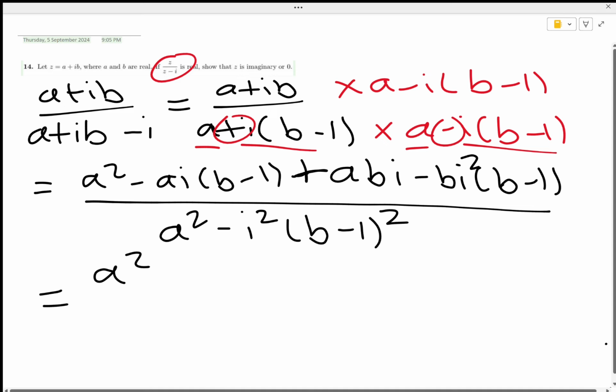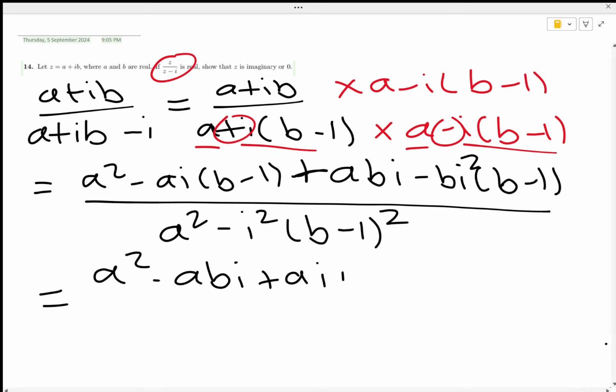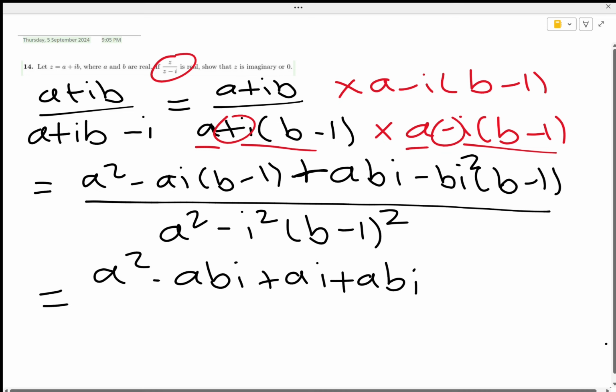So we all know that i to the power of 2 reverses the sign, the coefficient, so it becomes plus b, and the i also gets out as well. So let's just write that. It becomes plus b times b, which is b to the power of 2, and then b times minus 1 is just minus b.